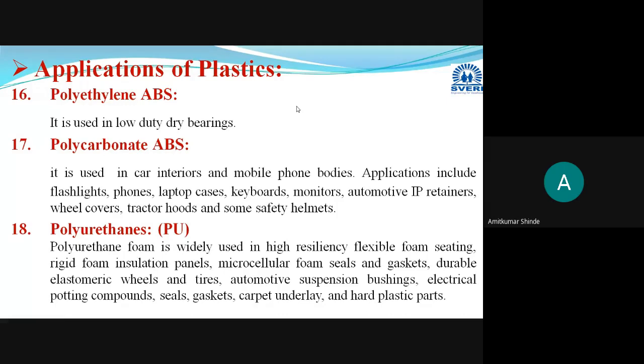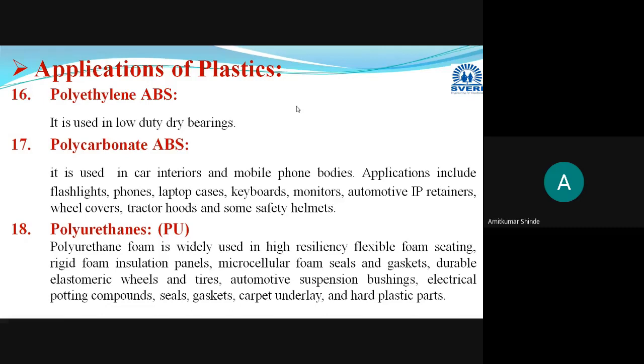In this way, we have completed this first chapter, Introduction to the Plastics. We have completed the concept of plastics, then its classification. We have seen the comparison points between thermoplastic and thermosetting materials. Then we have discussed properties of plastic materials, different additives used to improve their properties, and different testing methods: tensile testing, impact testing, tensile impact energy testing, flexural testing.